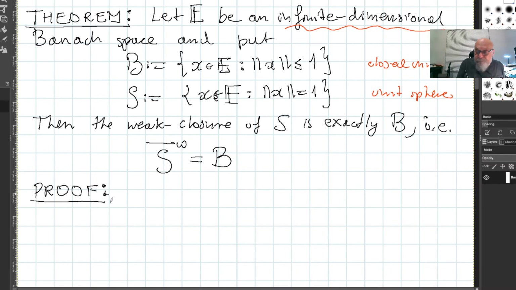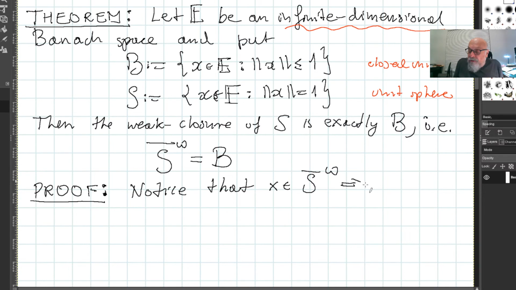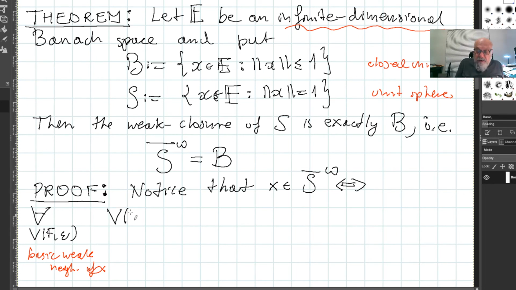So we begin with the following. Notice that a point x belongs to the weak closure of S if and only if, just by the definition of the closure, for every basic weak neighborhood V of x, we have that V intersected with S is not equal to the empty set.